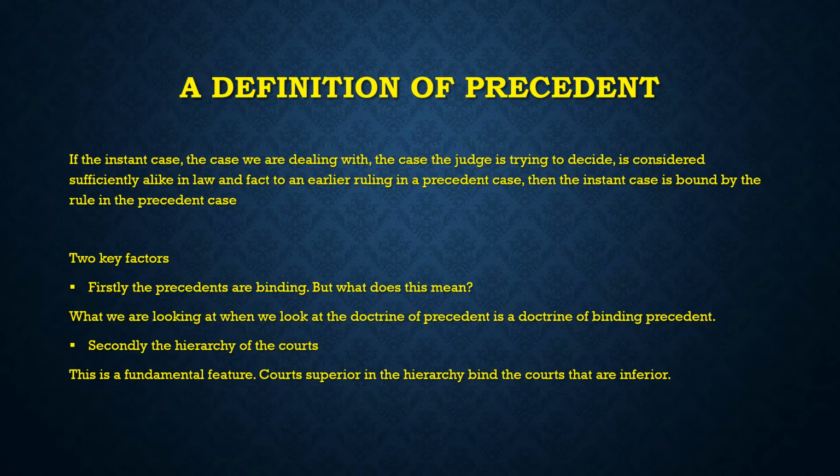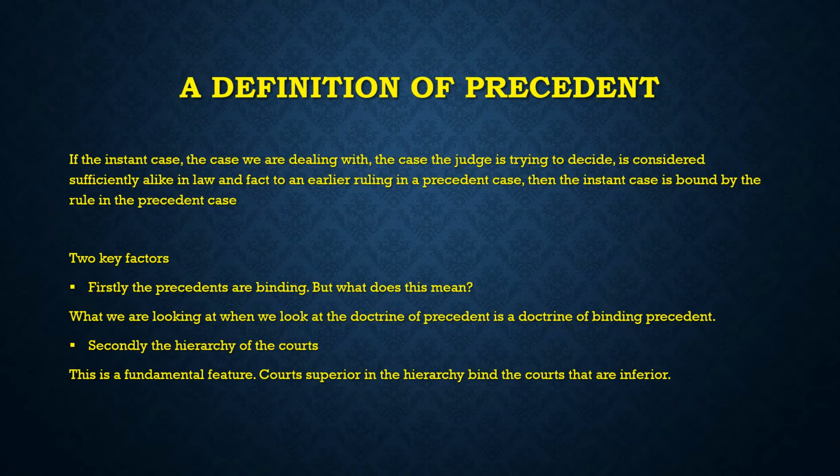It is possible to come up with a definition of precedent, something like this. If the instant case, the case the judge is trying to decide, is considered sufficiently alike in law and fact to an earlier ruling in a precedent case, then the instant case is bound by the rule in the precedent case.